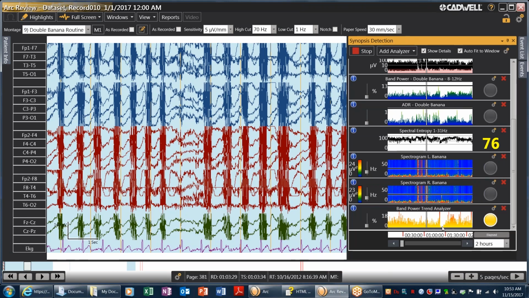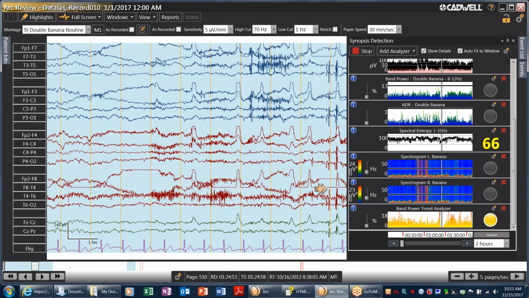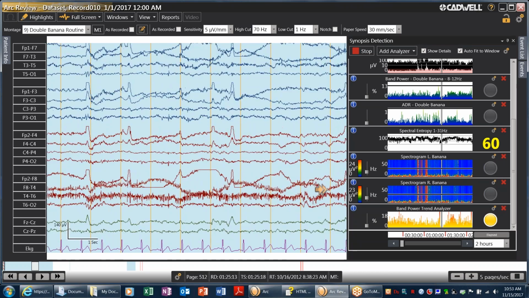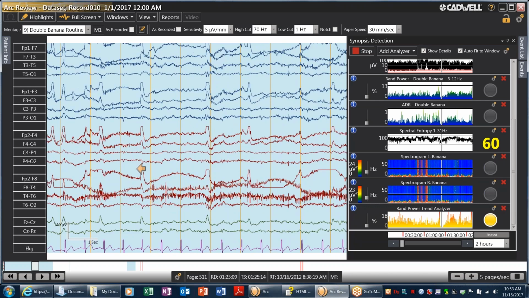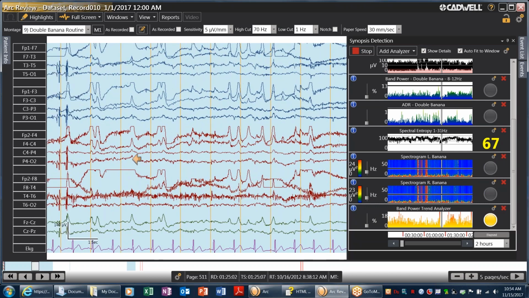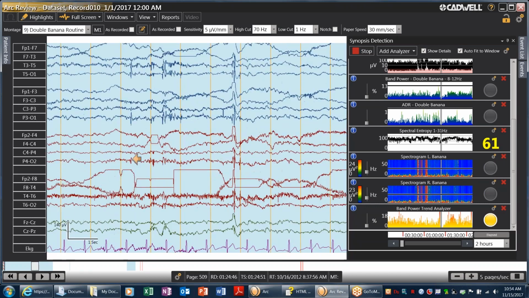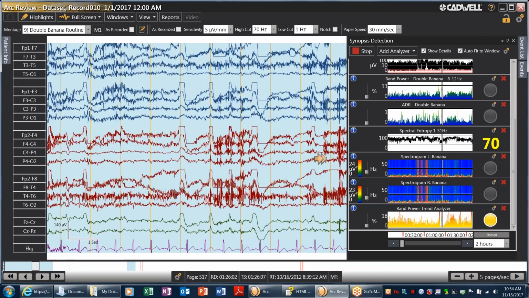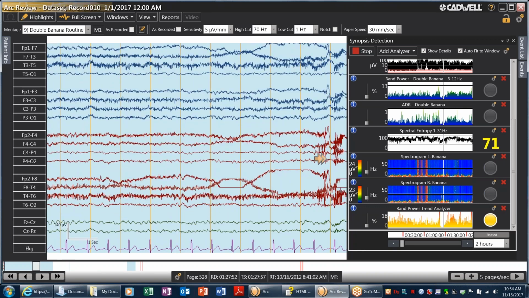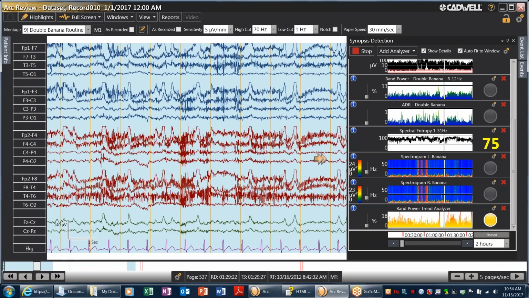So if we go there, we can see what happened to the background here. It looks like some eye blinks, some other artifact in there. So the background does look a little bit different here, less EMG, maybe a little slower, a little more suppressed.